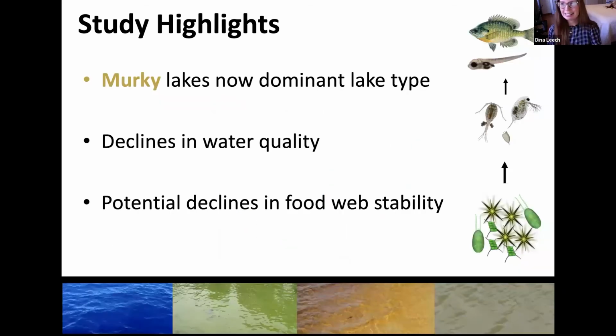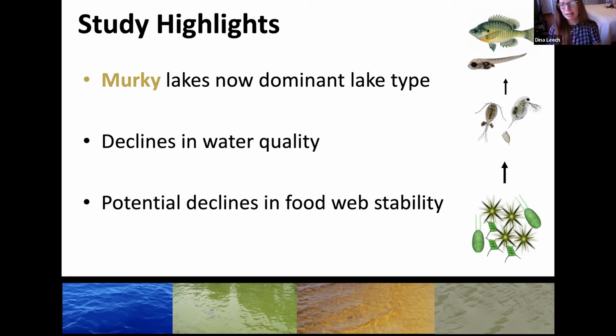So some highlights of this study: we found that murky lakes are pretty much the dominant lake type in the continental United States now. And this was associated with declines in water quality. We see more algae in the system, particularly cyanobacteria, that potentially could lead to toxin production that can again make humans sick, or other organisms as well.